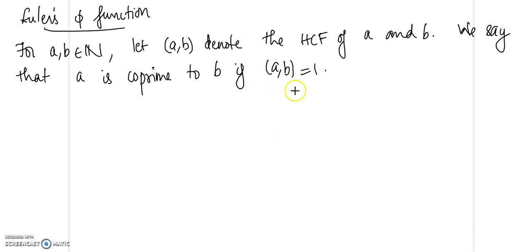So if HCF of A and B is equal to 1, then A and B are said to be co-prime.